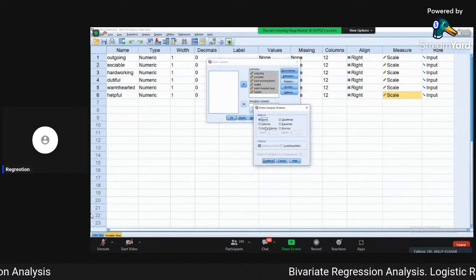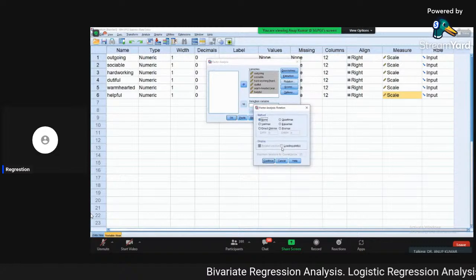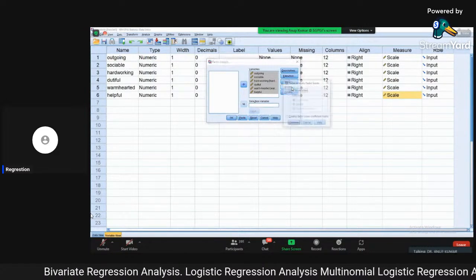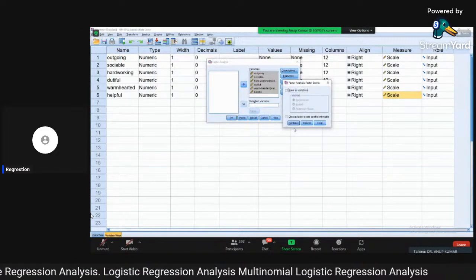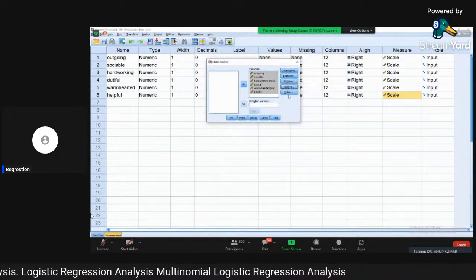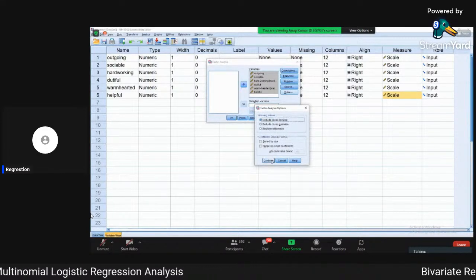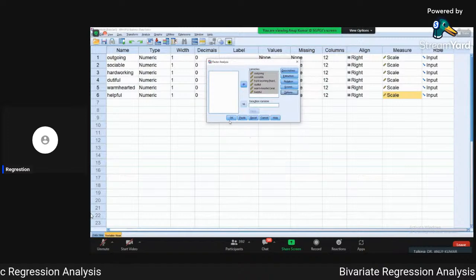Then for the rotation, first of all I will not do any kind of rotation. I will select loading plots. Scores, I will not save the scores, and then in option, continue. Now again I will click OK.